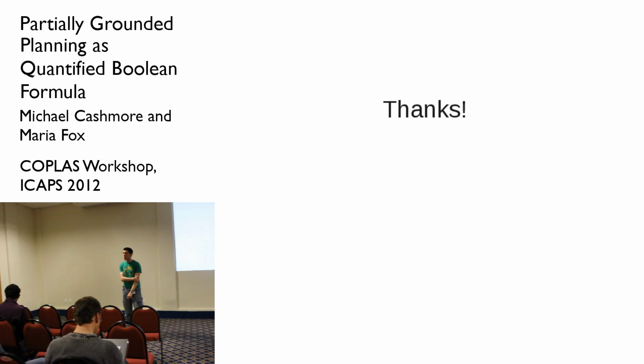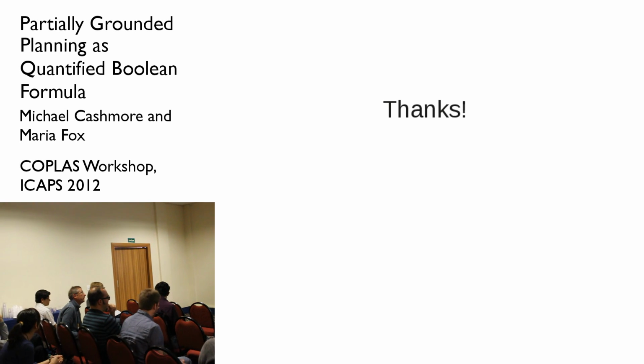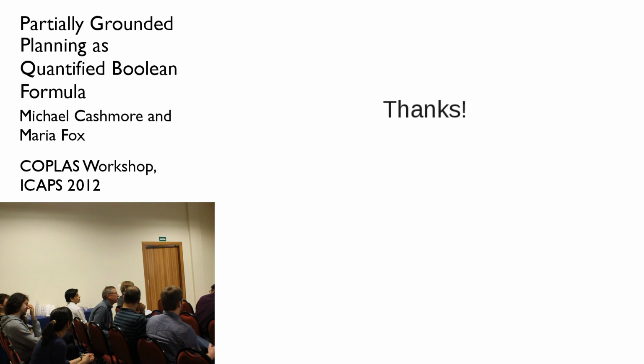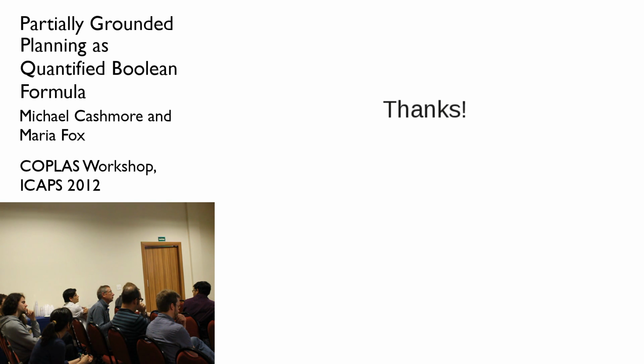I understand that SAT encodings may be huge, but I think that you do not have the same problem if you use CSP encodings. With SAT encodings you associate a variable with each grounded action, but with CSP encoding, it's possible to associate one variable with each action on each of its parameters.